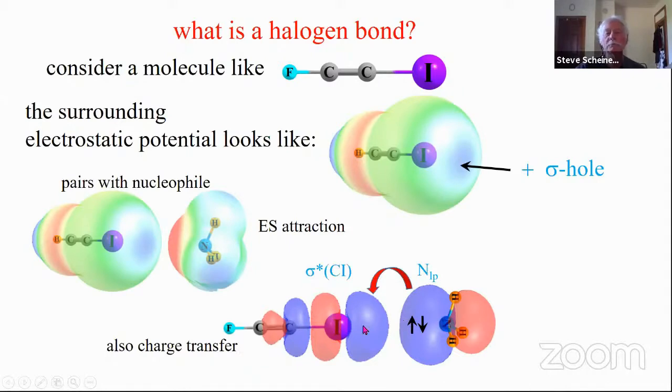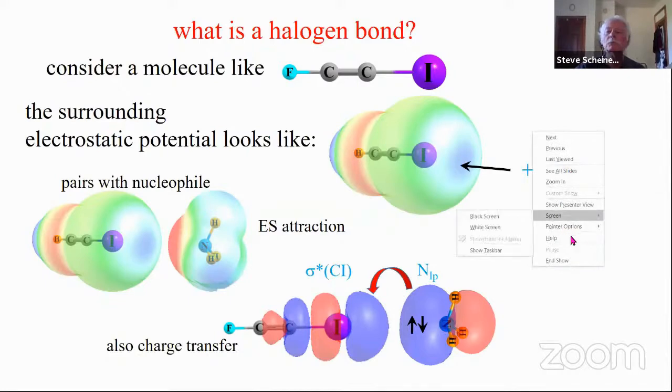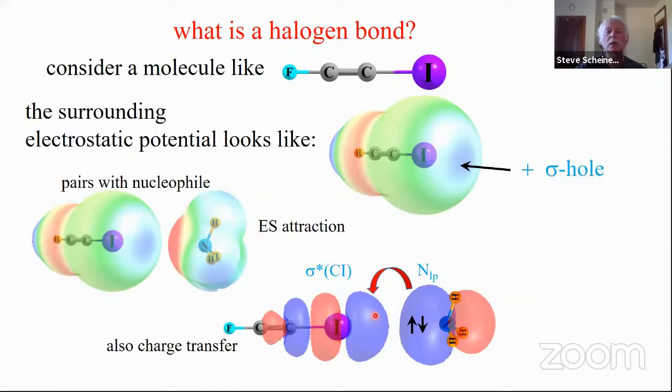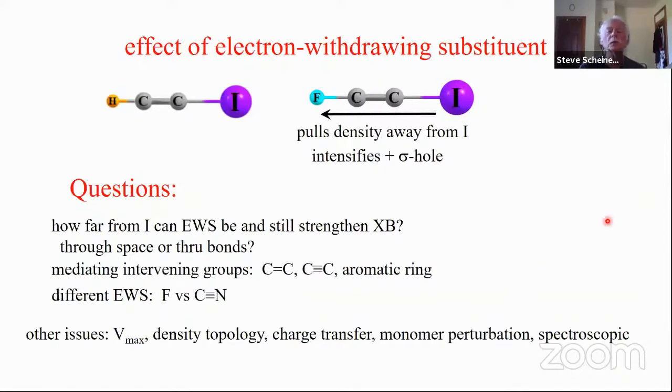The C-I antibonding orbital looks like this, and there's no electrons in it. So this overlap allows some electron density to transfer from the N lone pair to the sigma star orbital. So a halogen bond has an electrostatic force, and there's a charge transfer piece to it. There's also some dispersion, which I'm not going to get into at any length.